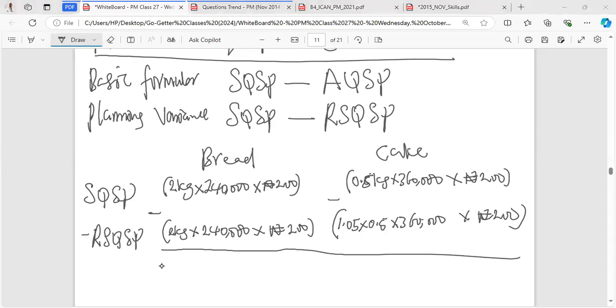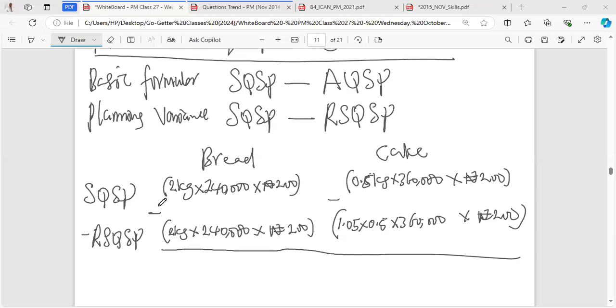Now, this 496,000 kg is the actual quantity that was used in making the 240,000 units. The difference is that this is the actual. For standard, if you are going to make 240,000 units of bread and your standard is 2 kg per unit, how much quantity should you have used?